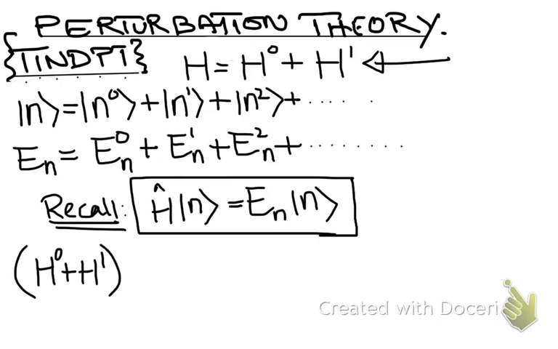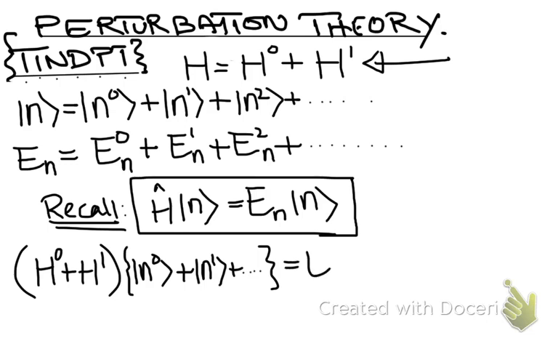So this is my Hamiltonian, and it acts on my perturbation expansion of my n's. So |n0⟩ plus |n1⟩ and so on, right?